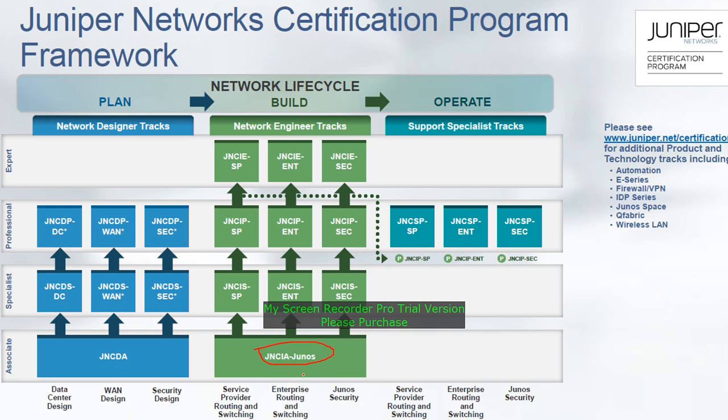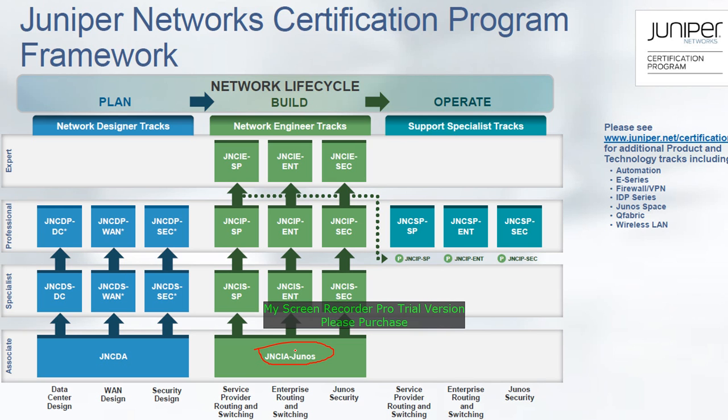And this is a common certification for service provider, routing and switching, and Junos security. Like in Cisco we used to do CCNA Routing and Switching, CCNA Security, but here there is only one track, which is JNCIA Junos. And the fee for Juniper certifications is $100.